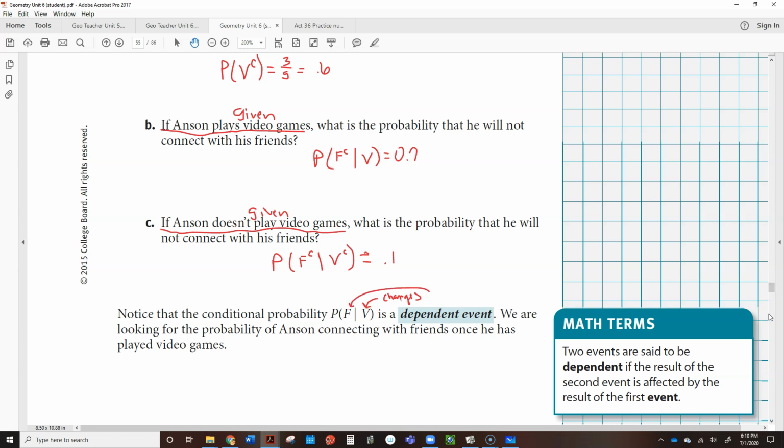So the fact that this changes this means that these are dependent events. I believe that you've learned the word dependent already, but if not, then you're learning it right now. Dependent: two events are said to be dependent if the result of the second event is affected by the result of the first. And you can tell this is dependent by the nature of the situation.